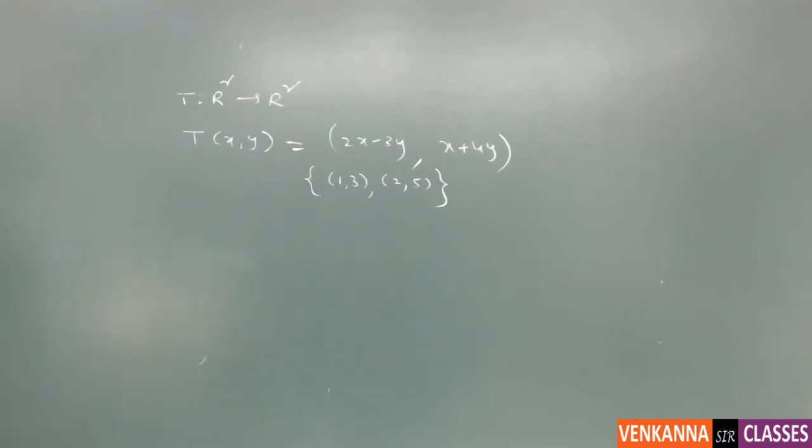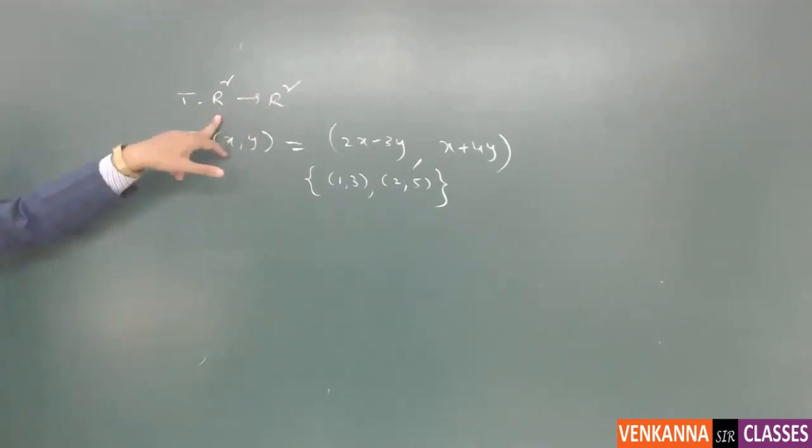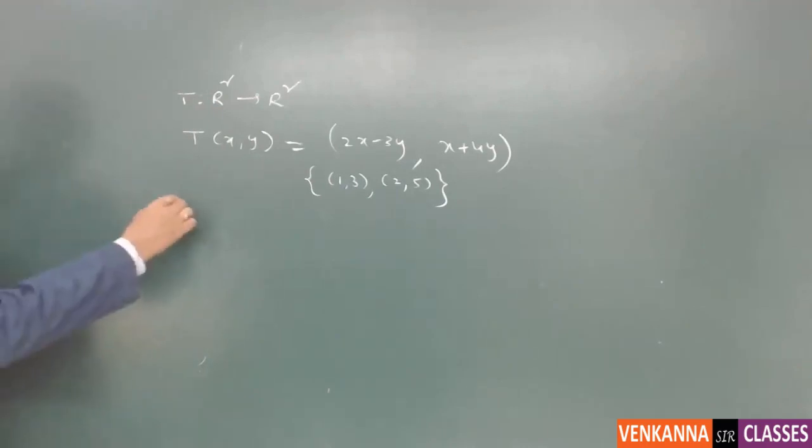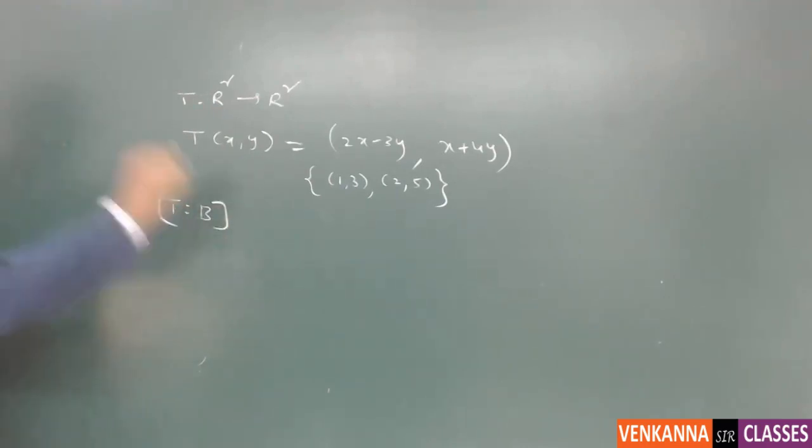Understand that since one basis is given and T is from R² to R² itself, we simply write T at B. If you are finding the matrix of T with respect to two distinct bases, in such cases we write T at B1, B2. If you are using only one basis, in such cases we write T at B. That was the difference. Okay. Are you clear with this?